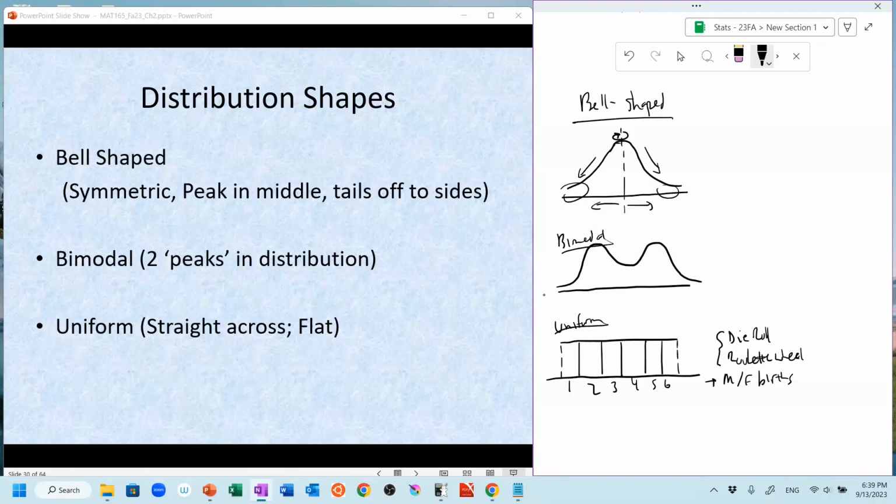Bell-shaped distributions, the way we tend to get a bell-shaped distribution is if we average together lots of small influences on a certain variable. So something like maybe height or weight or IQ or something like that. These tend to be the results of lots of small influences contributing to an overall outcome. Now in height and weight, kind of interestingly, we have lots of small influences, but we tend to have one big influence, right?